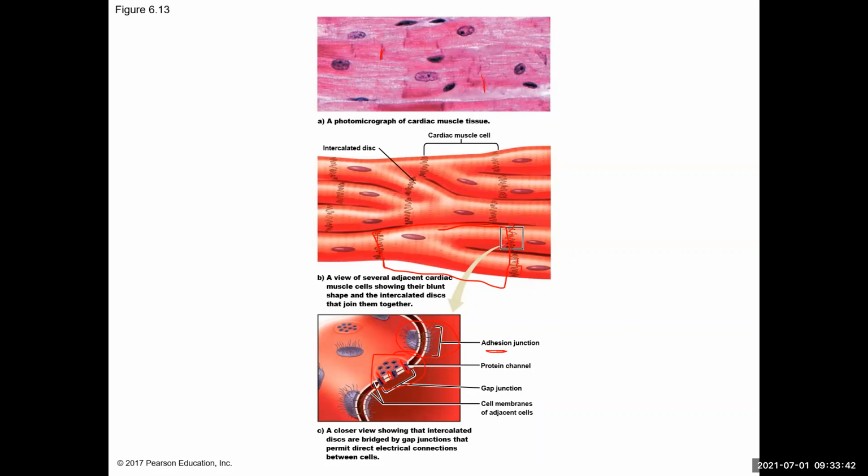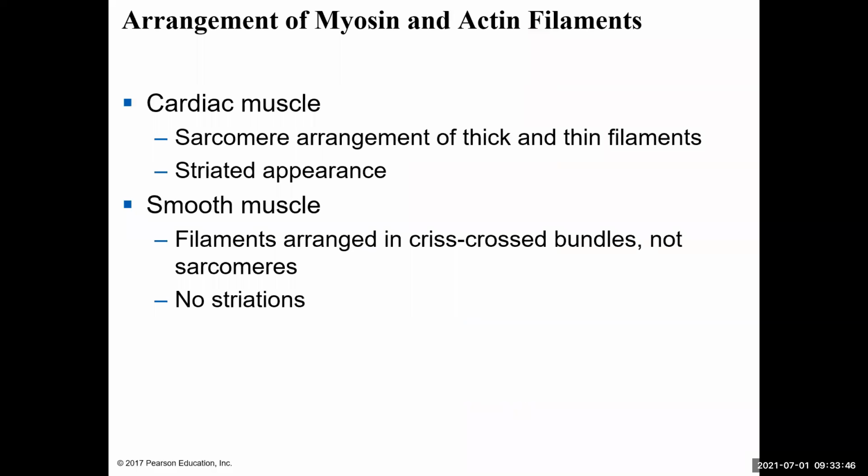And so because of the structure of cardiac muscles and the fact that their sarcomere arrangements are in thick and thin filaments, and the orientation is really similar to skeletal muscles, cardiac muscle also has a striated appearance.